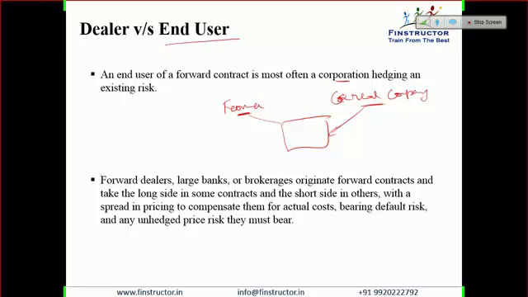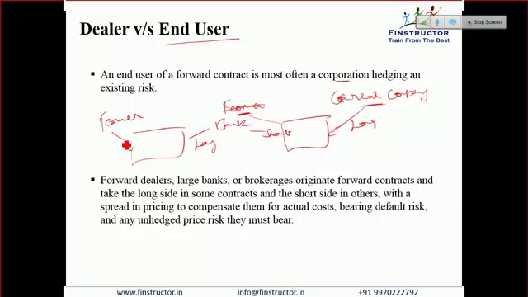A lot of times the opposite side of the contract may not actually be an end user. So the cereal company may be longing, but the short counterparty is not a farmer, it is just a bank. So the bank has gone short with the cereal company and he has correspondingly gone long with another farmer somewhere.